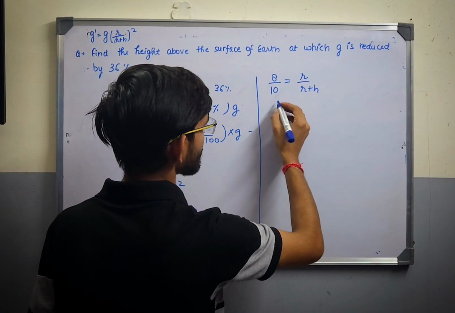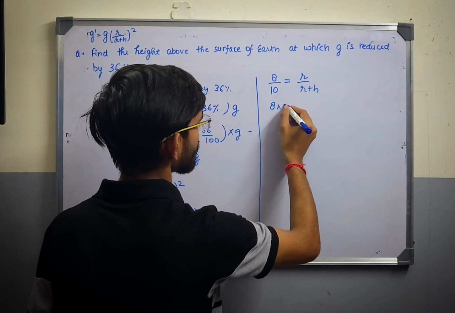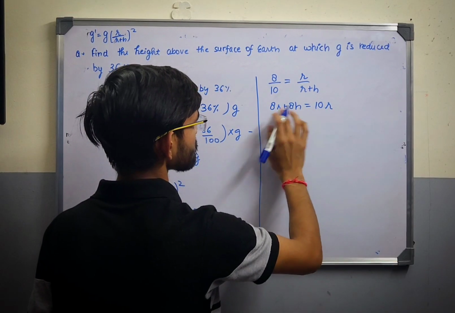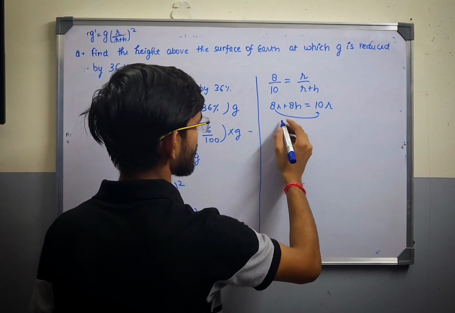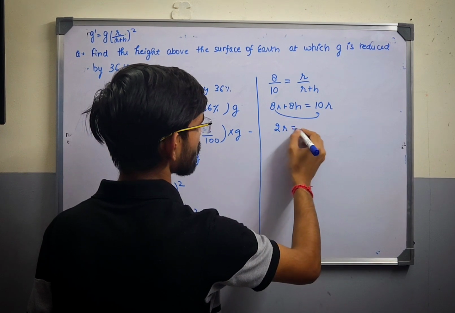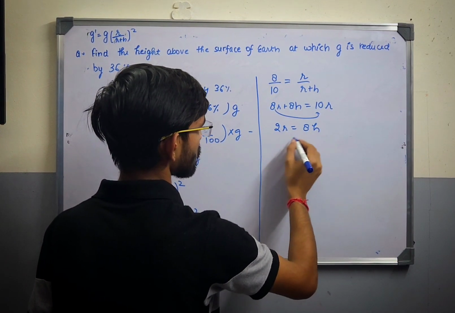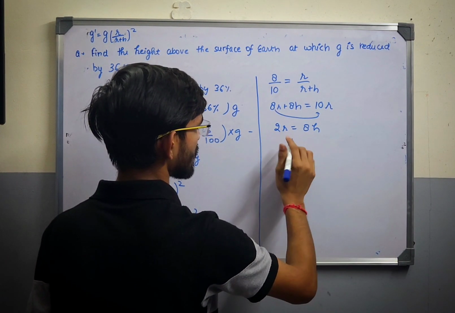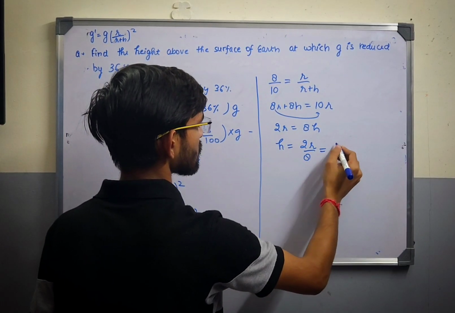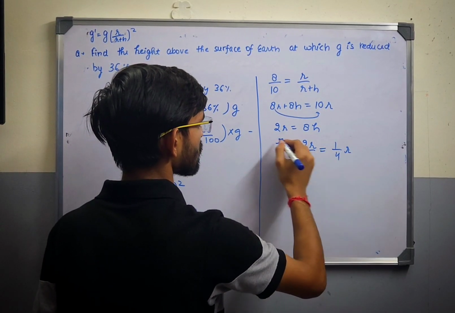Do cross multiplication here: 8R + 8h = 10R. Take this 8R to the right hand side, so we are left with 10R - 8R, which is 2R = 8h. Take this 8 to the left hand side: h = 2R/8, that is R/4.